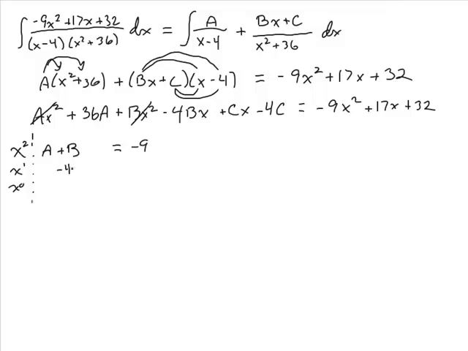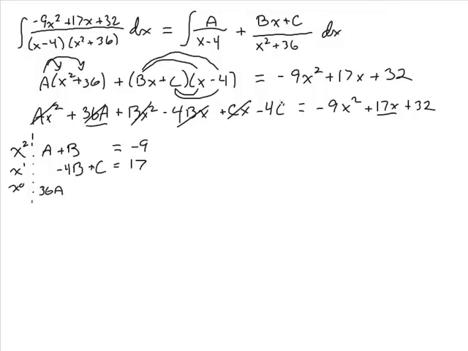I like lining these up, and you'll see why shortly. And then that takes care of this term, and then we have a plus C. And so then we look for the x terms over on this side. The x term is right here, so it's going to equal 17. So hopefully you can see where these are coming from. Do the last one for the constants. We have 36A.